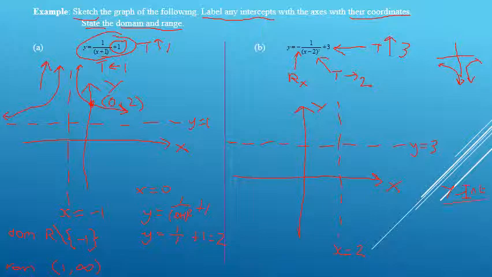So first of all, to find the y-intercept, we put x equals 0 into the rule, so it's going to be y equals 1 over, actually -1, there's a negative at the front, -1 over (0 take 2) which is -2, putting 0 for x in the rule, squared, plus 3.